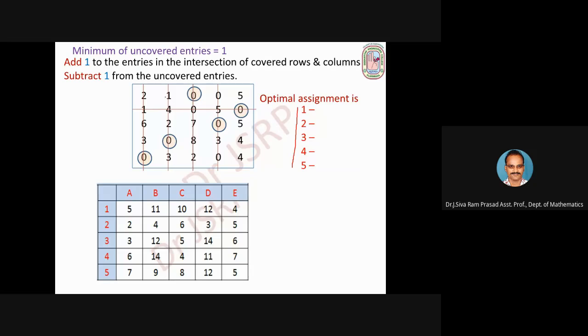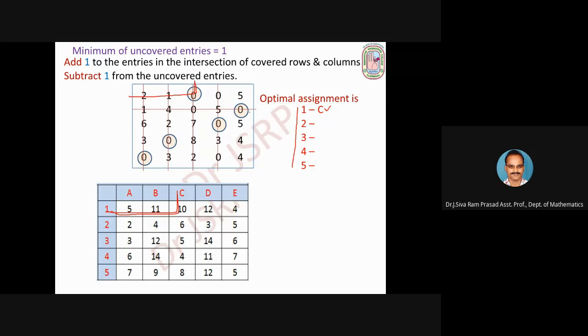The first one is 1, 3. That means mission 1 is assigned to job C.